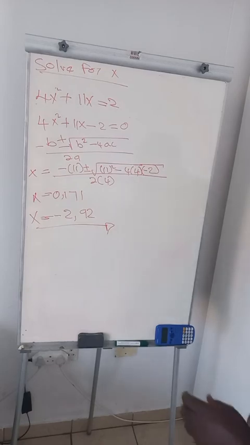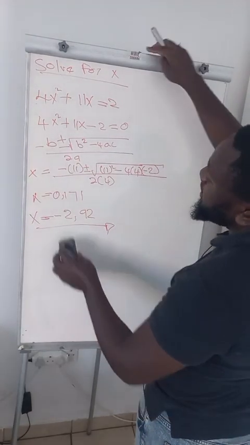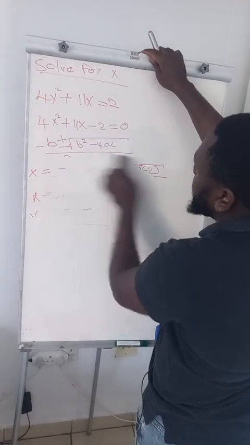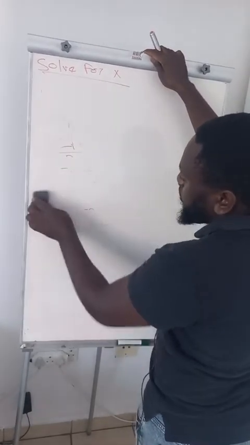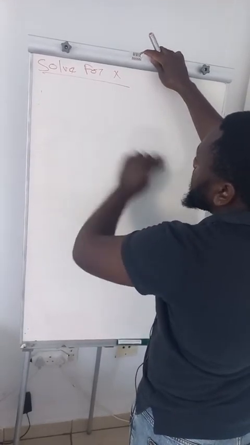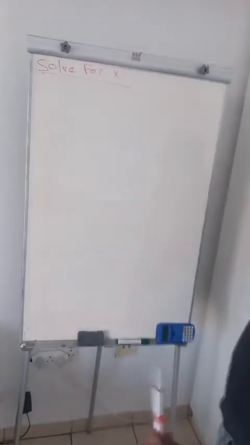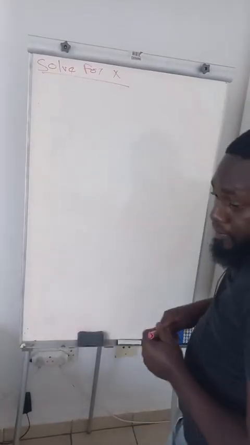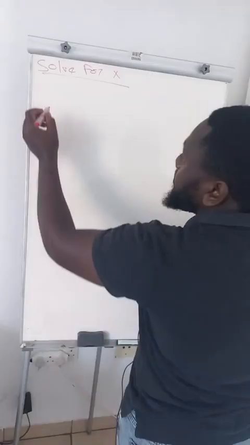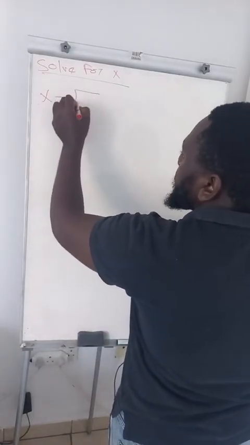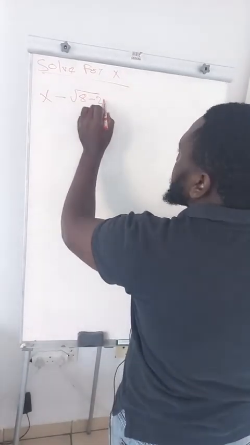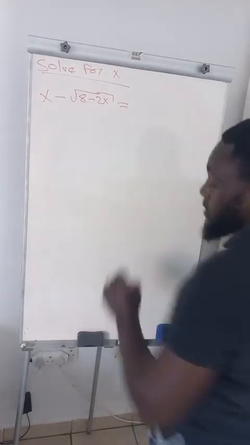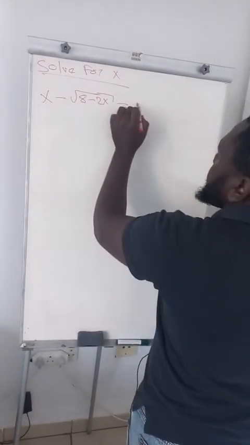The next question is more like SADS. It's a question where there is a square root. In those kinds of questions, you need to test your answer at the end of solving. Let's say they give you minus x plus the square root of 8 minus 2x is equal to 0.